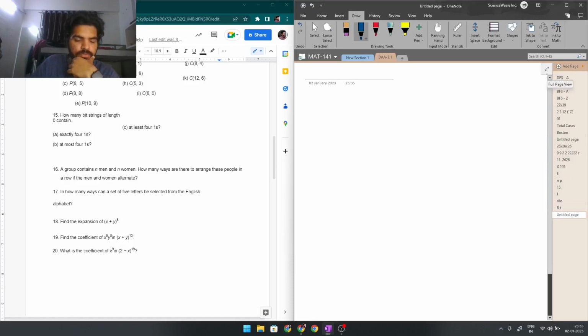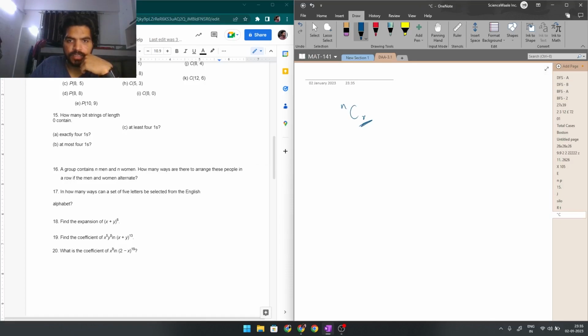Find the coefficient of x using the same thing. Since the power of y is 8, and we saw that whatever we write here, this is the power of the second term, that means we need r to be 8.